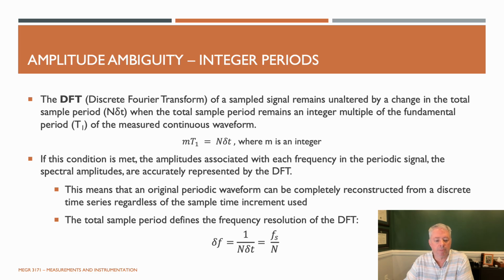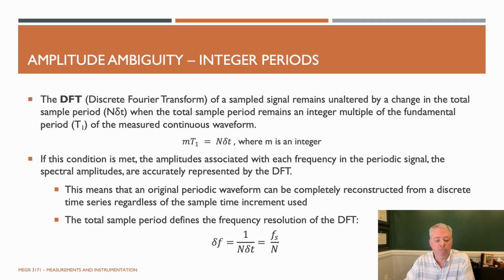So now let's talk about a related issue, amplitude ambiguity. This refers to how accurately our sample data represents the original signal's amplitude. A discrete Fourier transform, DFT for short, is a mathematical tool that we use to find the frequency content of a discrete signal.